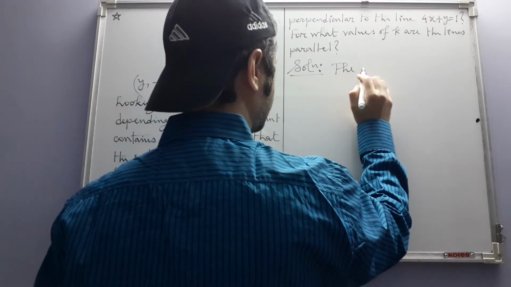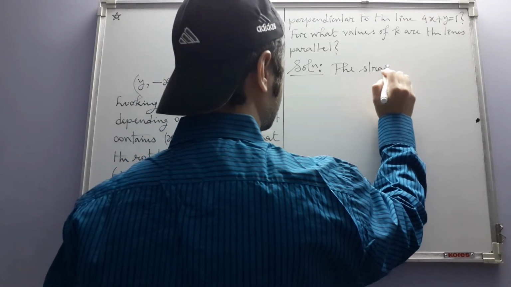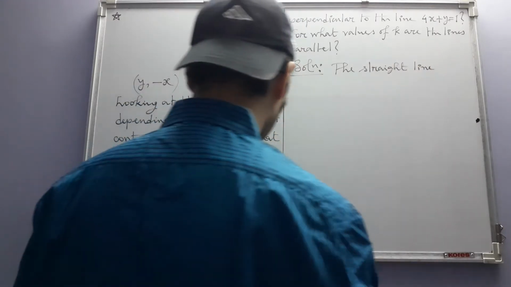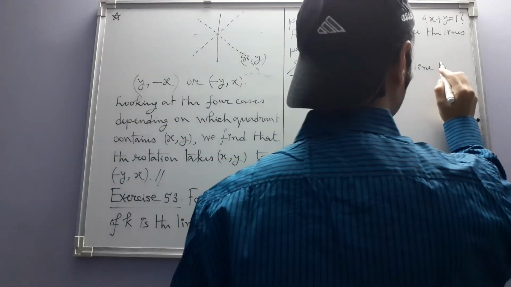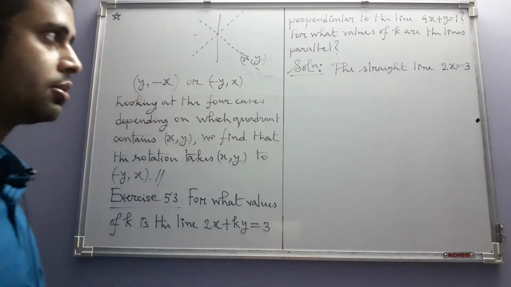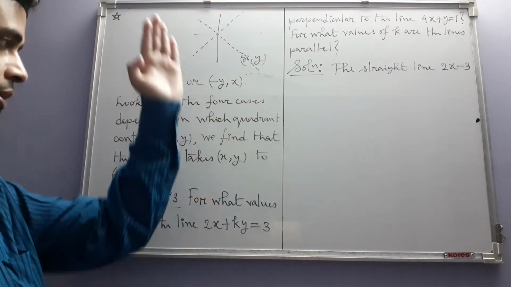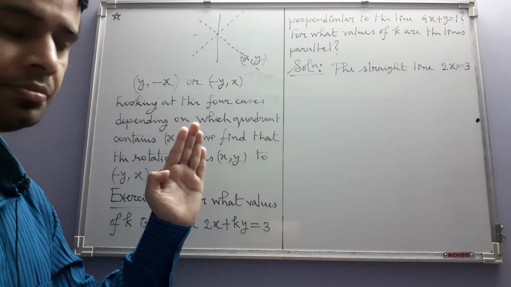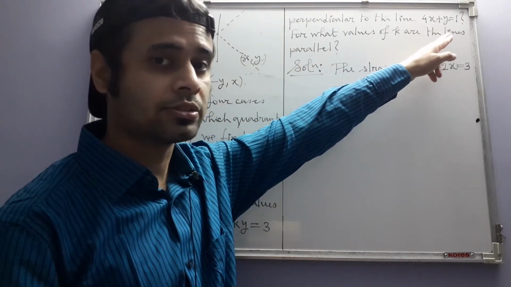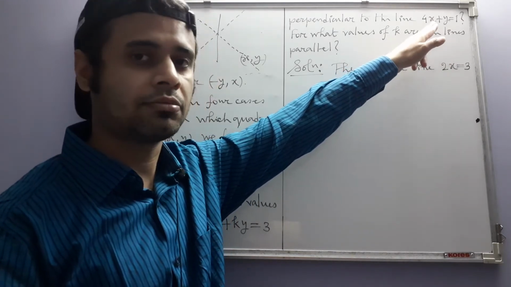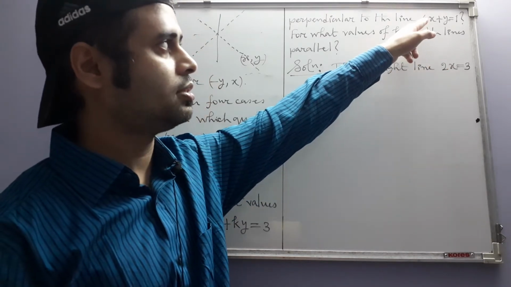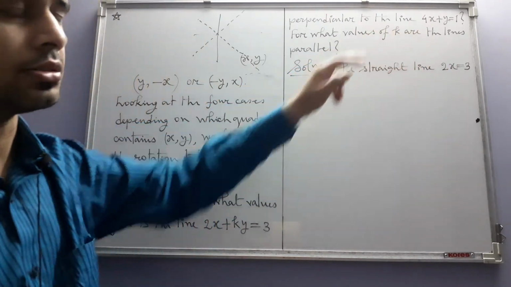If k is 0, then the straight line is this, 2x is equal to 3. This straight line is vertical, and this clearly is not a horizontal straight line, neither is this a vertical straight line. So this straight line is neither parallel to this nor perpendicular to this.